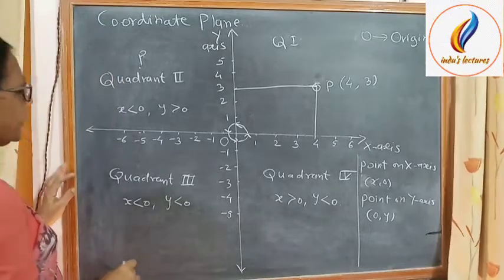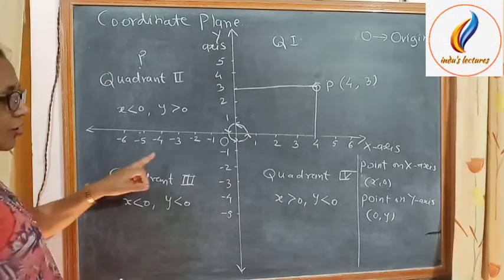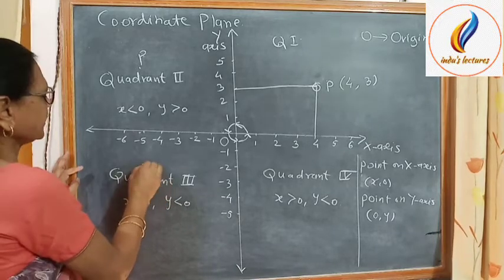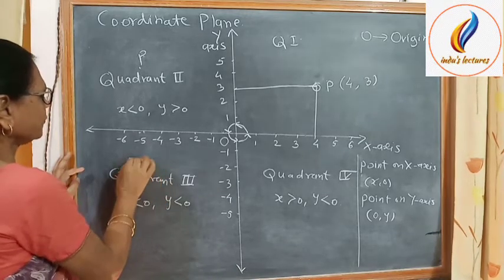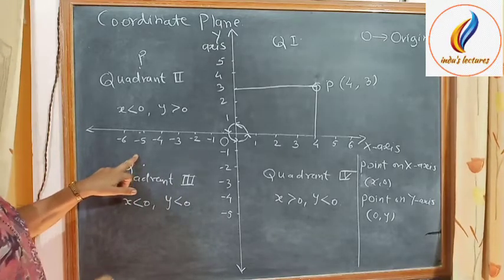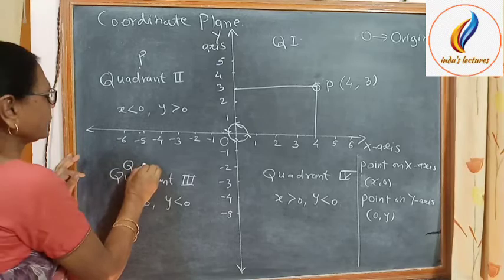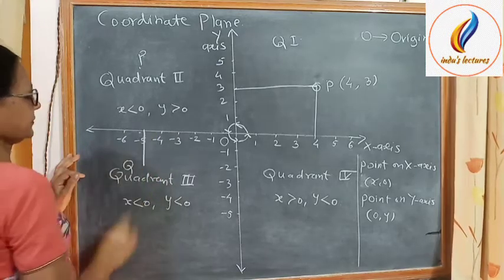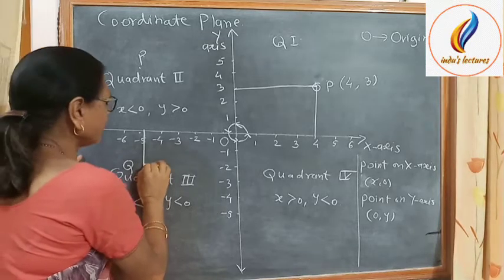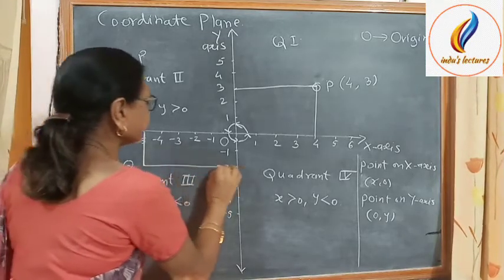Similarly, if we take a point in the third quadrant, say suppose it is a point Q. Now, how to find the coordinates of Q? Draw the perpendicular from Q on the x-axis and draw the perpendicular from Q on the y-axis.